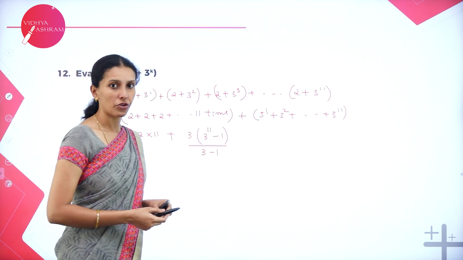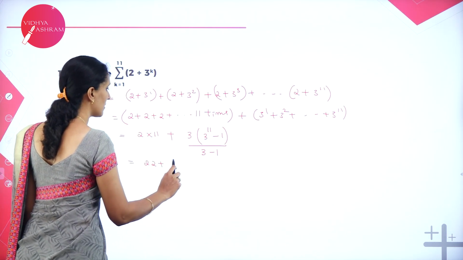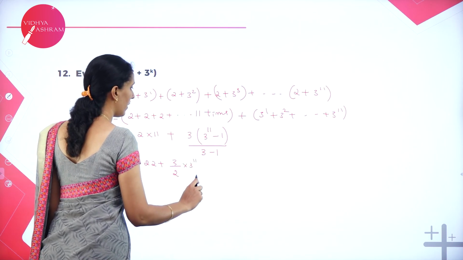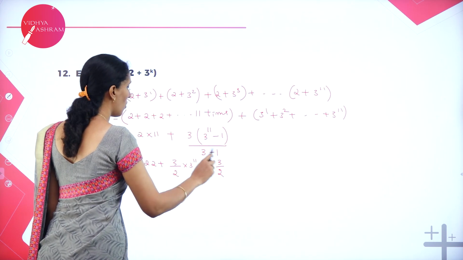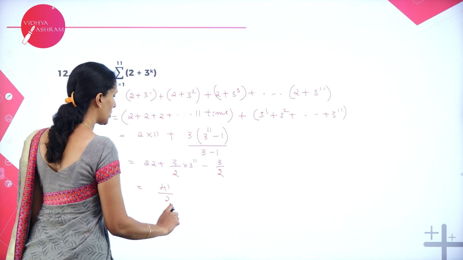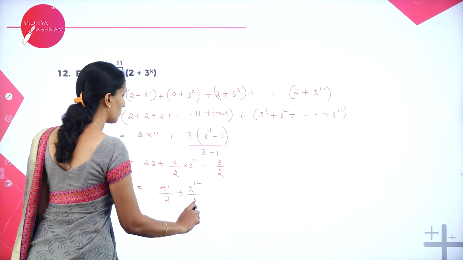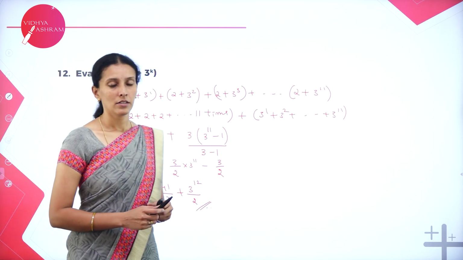So the common ratio is 3. So this is 22 plus 3 by 2 into 3 to the power 11 minus 3 by 2. So on solving this, we get 41 divided by 2 plus 3 to the power 12 divided by 2. So this is the answer for the given summation.